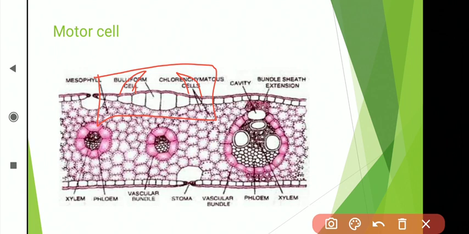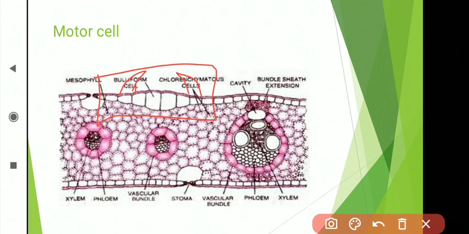Because these motor cells or bulliform cells are hygroscopic in nature, on absorption of water these cells enlarge and cause unrolling of the leaf, while when the water is lost they contract and cause rolling of the leaf blade, and hence they are named motor cells.